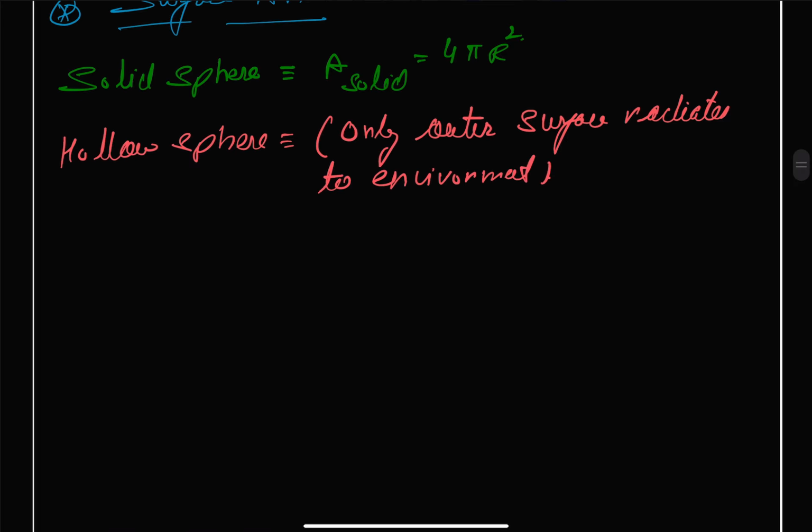Therefore, we can say that A of hollow will be equal to 4 pi r square. So it means their surface areas are also identical.